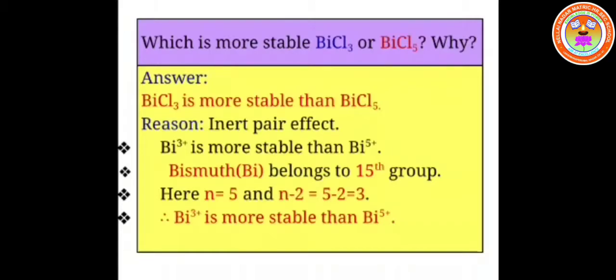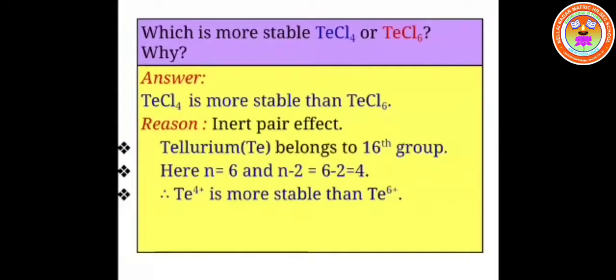I hope you have understood this concept, children. So, a similar question. Which is more stable, tellurium tetrachloride or tellurium hexachloride? Tellurium belongs to the 16th group, so n is equal to 6 and n-2 is equal to 6 minus 2, which is 4.